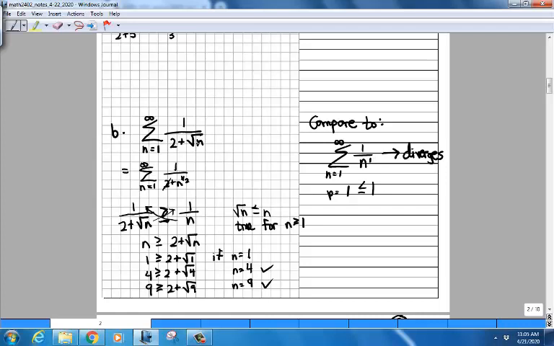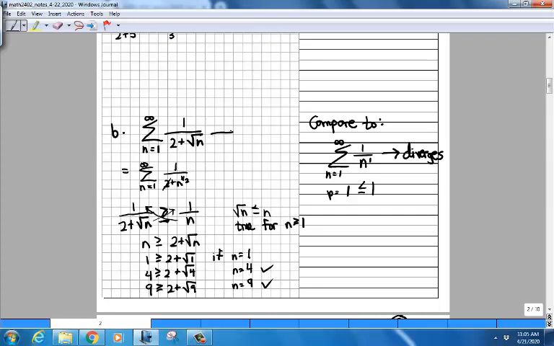These numbers that you're adding up in this series are going to be larger than the numbers that you're adding up in this series. But this series already diverges. You know this series diverges. It already adds up to an infinite quantity. So these larger numbers are also going to have to add up to an infinite quantity, because these numbers are larger than these.